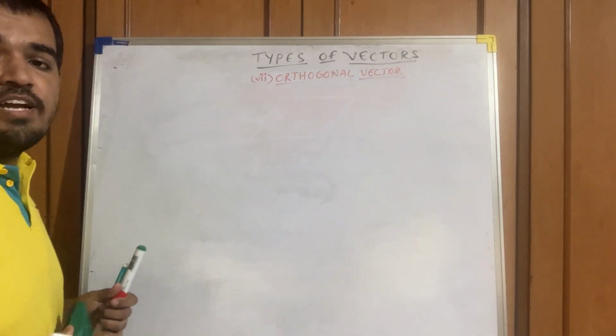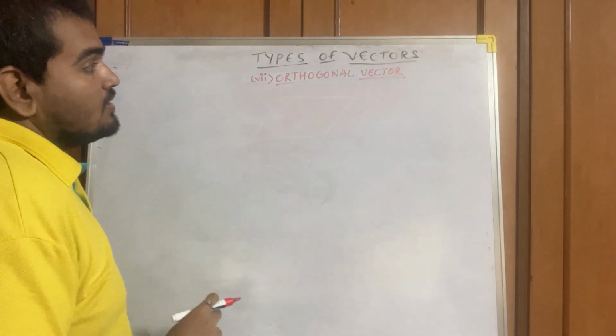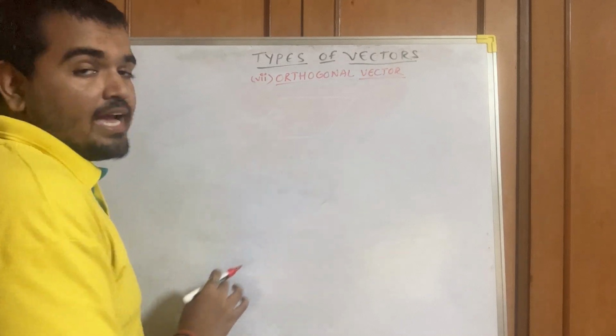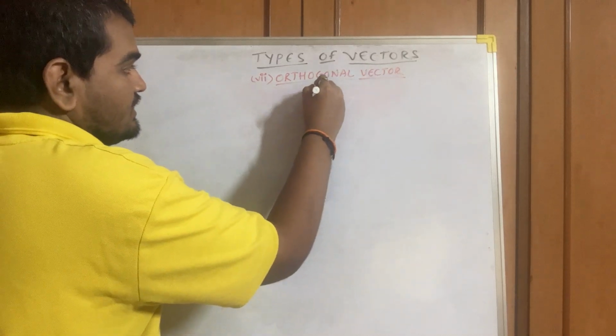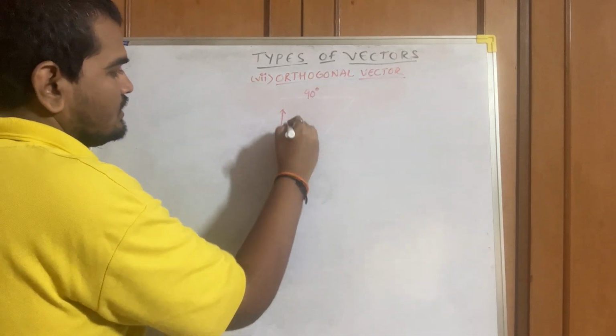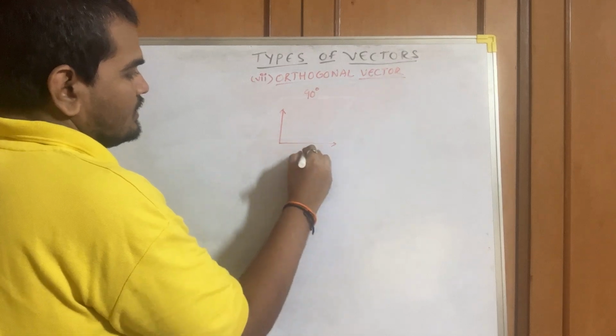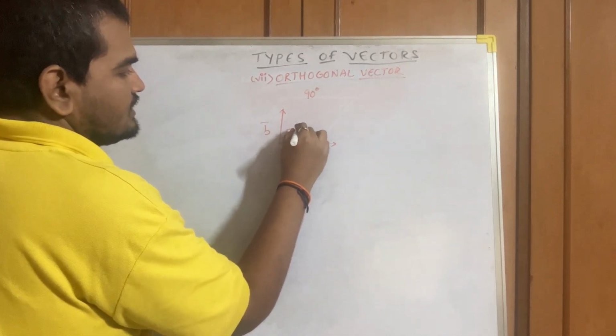Orthogonal vectors: two vectors in which the angle between them is 90 degrees. That is, suppose A bar and B bar, so the angle between them is 90 degrees.